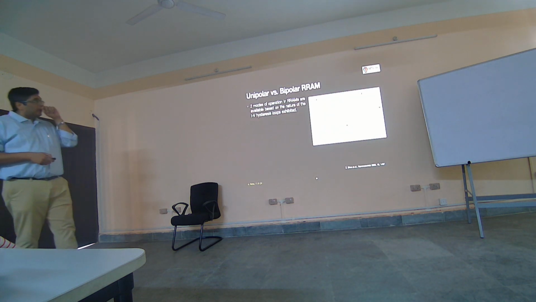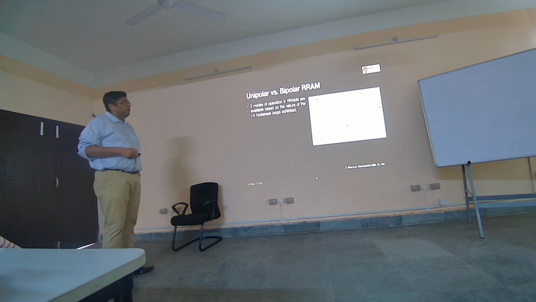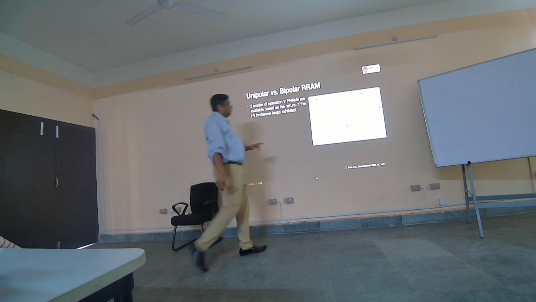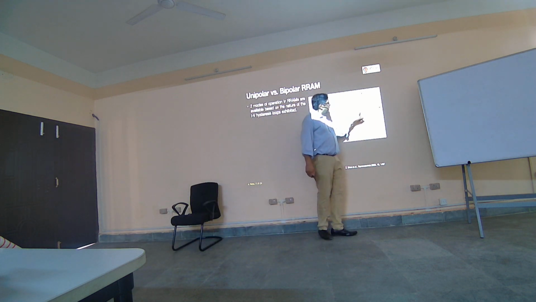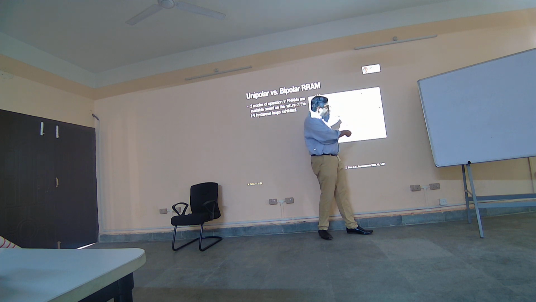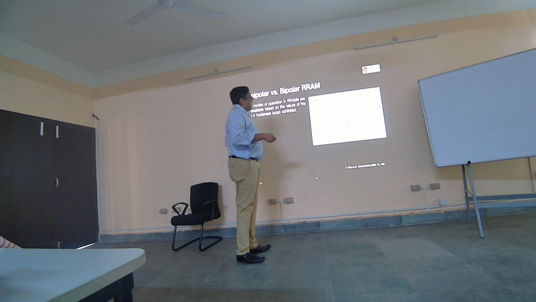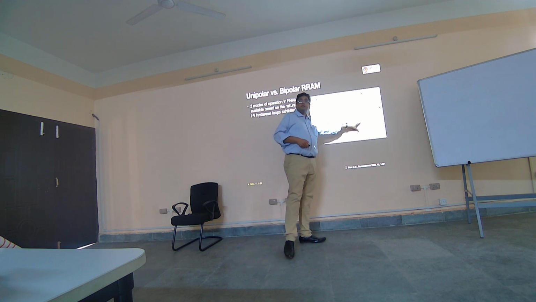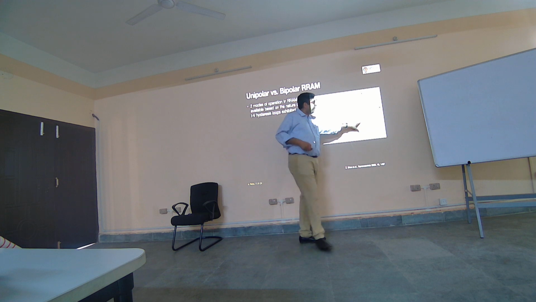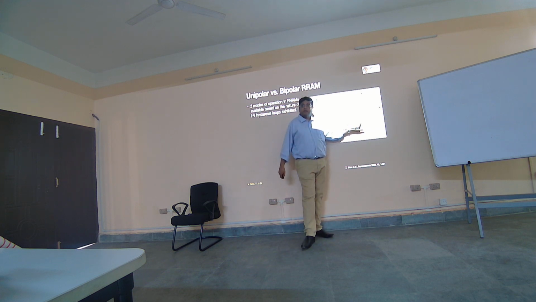There are two modes of operation: unipolar, where everything happens only in one direction, and bipolar. Let me walk you through. Initially, we are in the high resistance phase. This is the blue phase, right? And when I reverse, when I apply a negative voltage beyond a certain point, known as the reset voltage, I create a filament in the device.